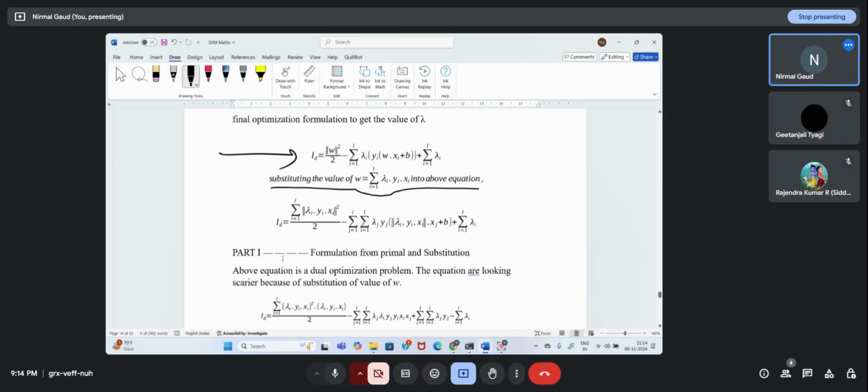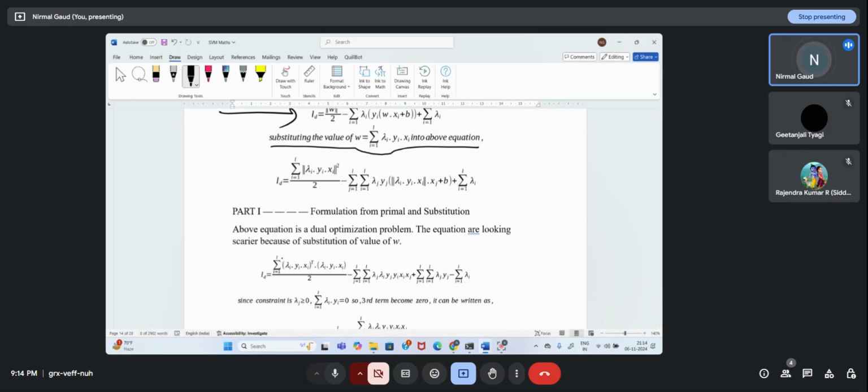Okay, got it. So this is how we have to proceed. Let's see. Here the value of w has been substituted: lambda I yi xi whole square. Here also the value of w is substituted. Just to show the change, you can see the notations are changed.